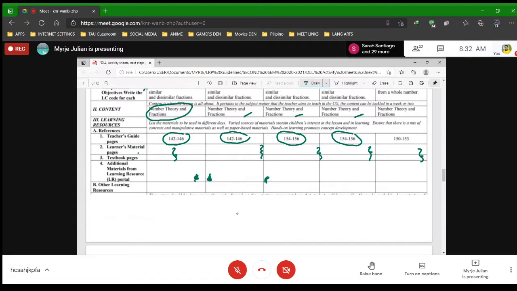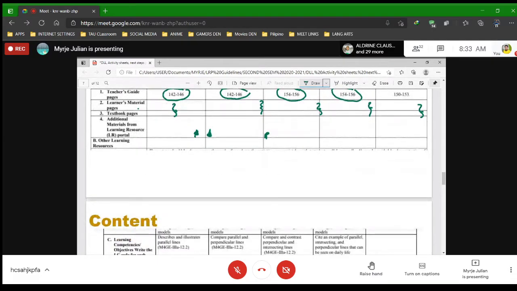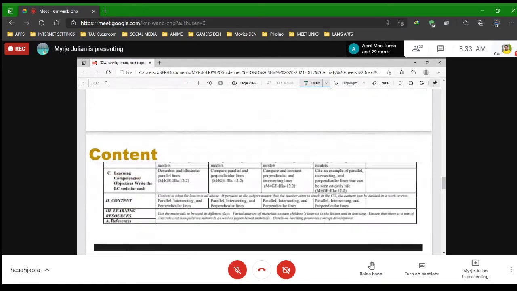Itong additional materials from Learning Resource Portal, ito yung mga pinoprovide ng DepEd na information about your topic, kasi meron tayong tinatawag na DepEd Learning Portal. Dito ninyo ilagay yung link ng portal. And then doon sa other learning resources, nandito yung mga links ng articles and other textual format na nabasa ninyo which are connected to your content.